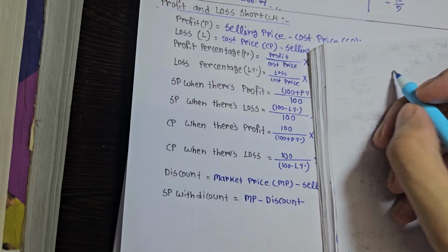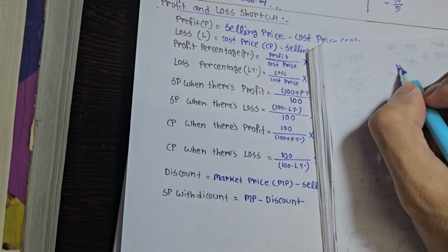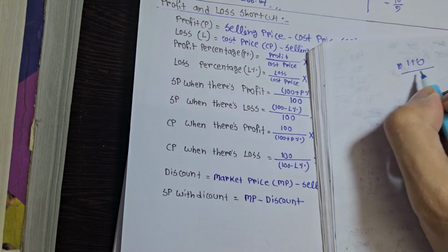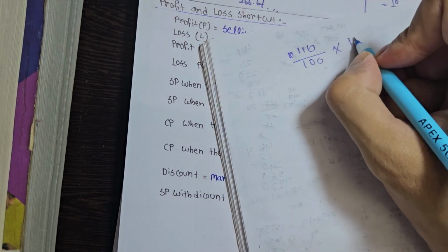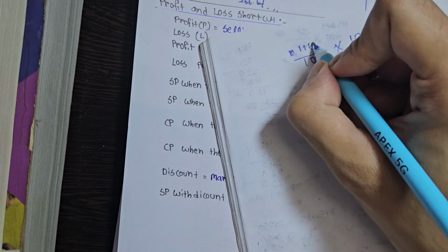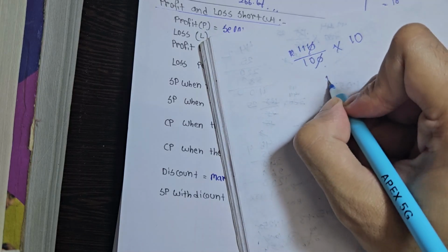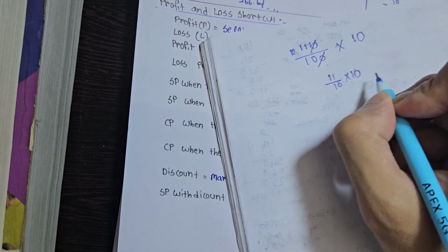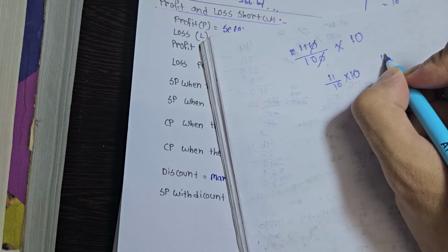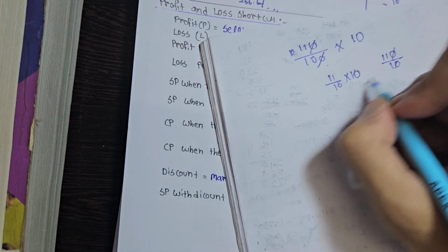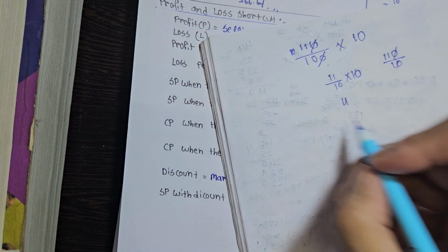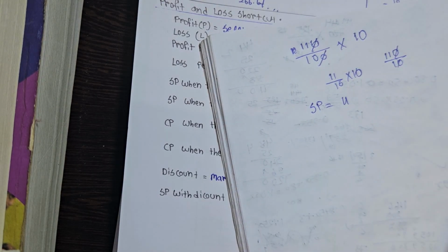So let's say that the profit percentage is 10 for easier calculation, so 110 divided by 100, and let's say the product cost is 10 rupees, right? So it would be 11 by 10 multiplied by 10, so 110 divided by 10, 0 cancels, and the selling price would come to 11 rupees.